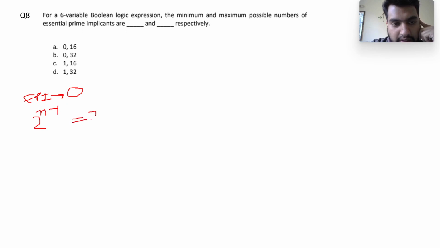Here n is 6, so 2 to the power 6 minus 1, that is 2 to the power 5, that is 32. So this is 0 and 32.